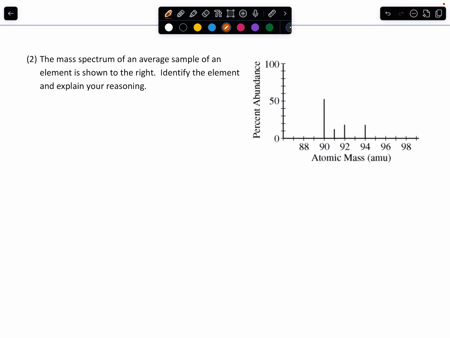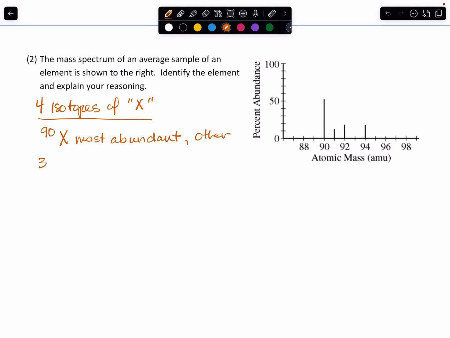All right. So first up, I have 4 isotopes of element X. Of those 4 isotopes, the one with a mass of 90 is the most abundant, so I'm going to start there. The other 3 isotopes have higher masses.